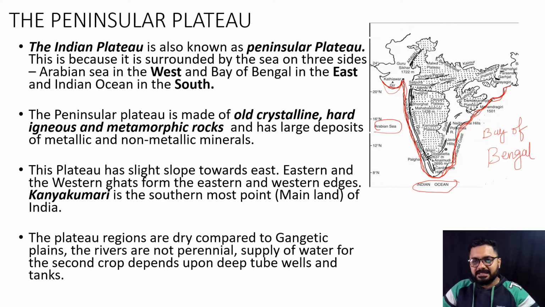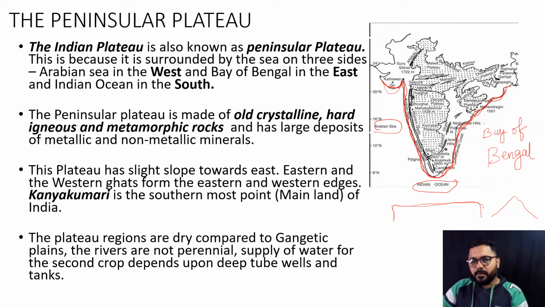Then what is a plateau? A plateau is a flat tableland form at an elevated height. If we compare a plateau with a mountain, the slope of the mountain is not so steep, but the edges of the plateau are steep.